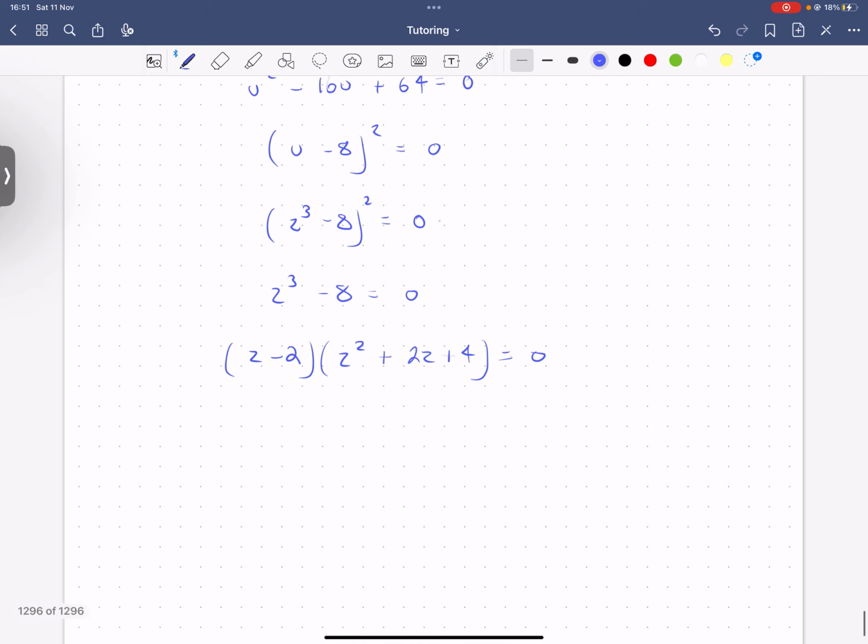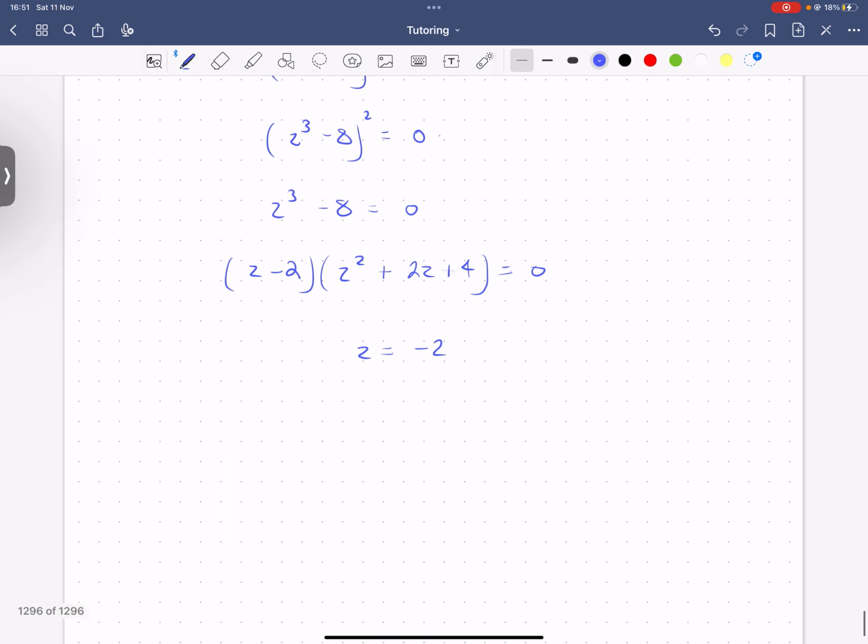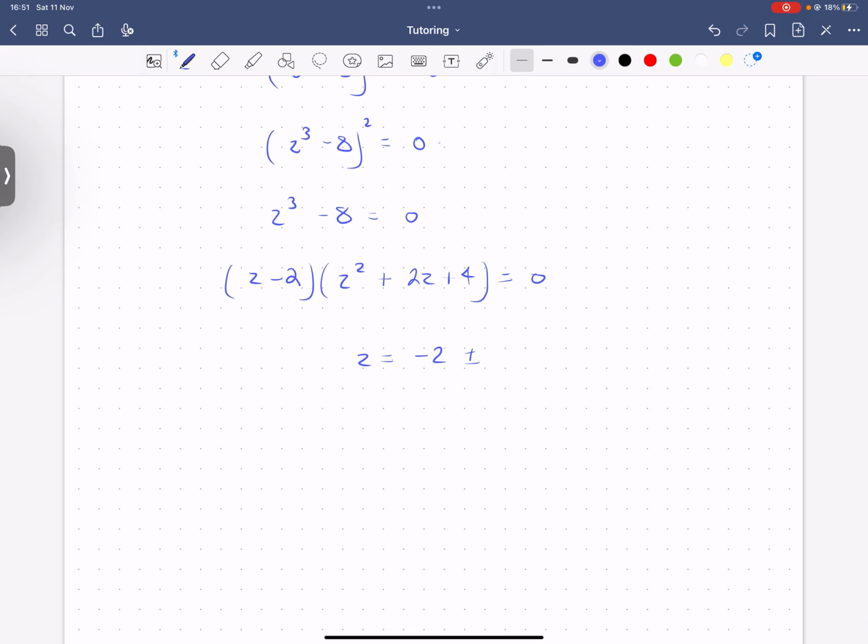Then we use the quadratic formula for the quadratic: minus 2 plus or minus the square root of 2 squared minus 4 times 4, which is minus 12. So minus 2 plus or minus root 12i on 2. Root 12 is 2 root 3i, so it's minus 1 plus or minus root 3i.